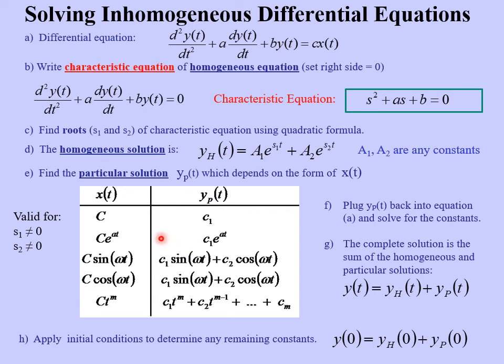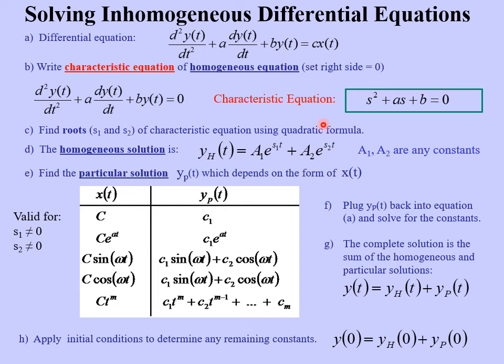So what this says is that if on the right side of the equation we have a constant, then our particular solution will be just some constant. If the inhomogeneous part over here, x of t, is equal to an exponential function like this, then the particular solution will also be exponential.